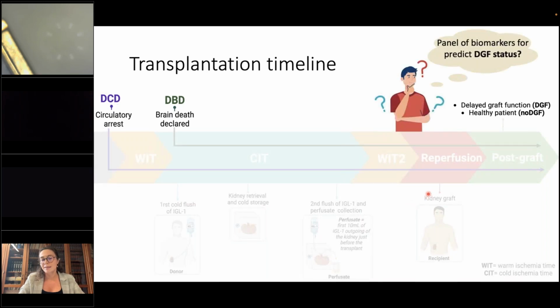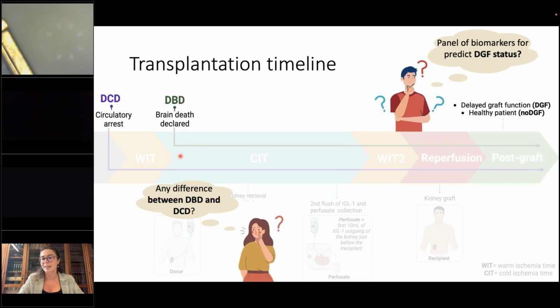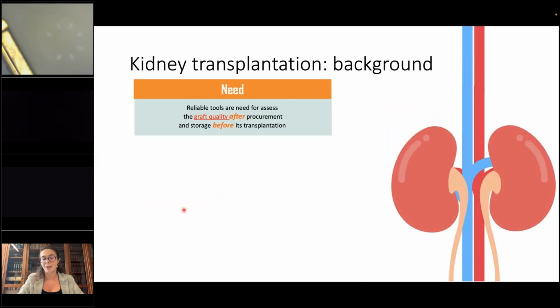The first is the possibility of having a panel of biomarkers predicting the DGF condition. The second is the possibility to identify a difference in the metabolome between BD and DCD donors.